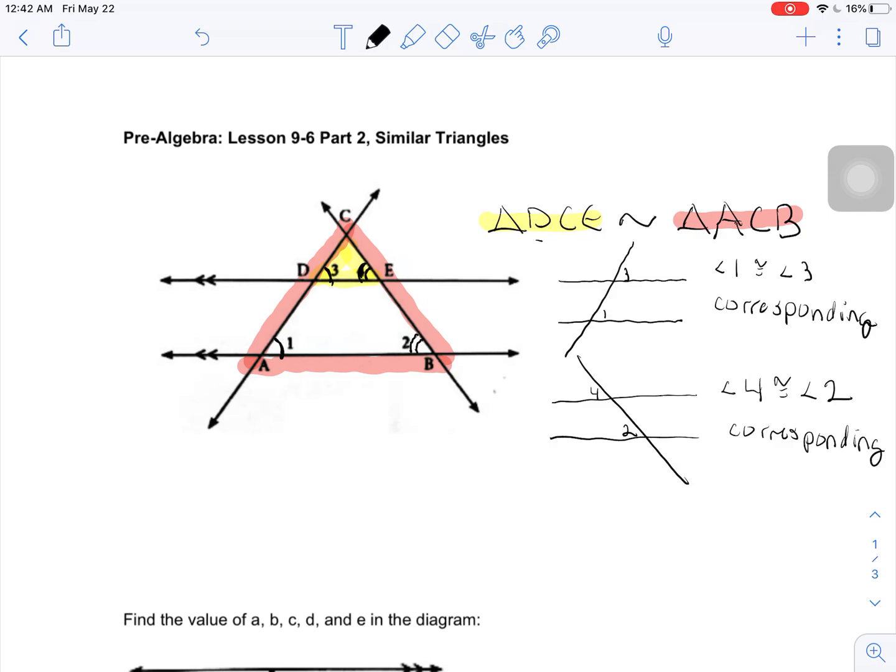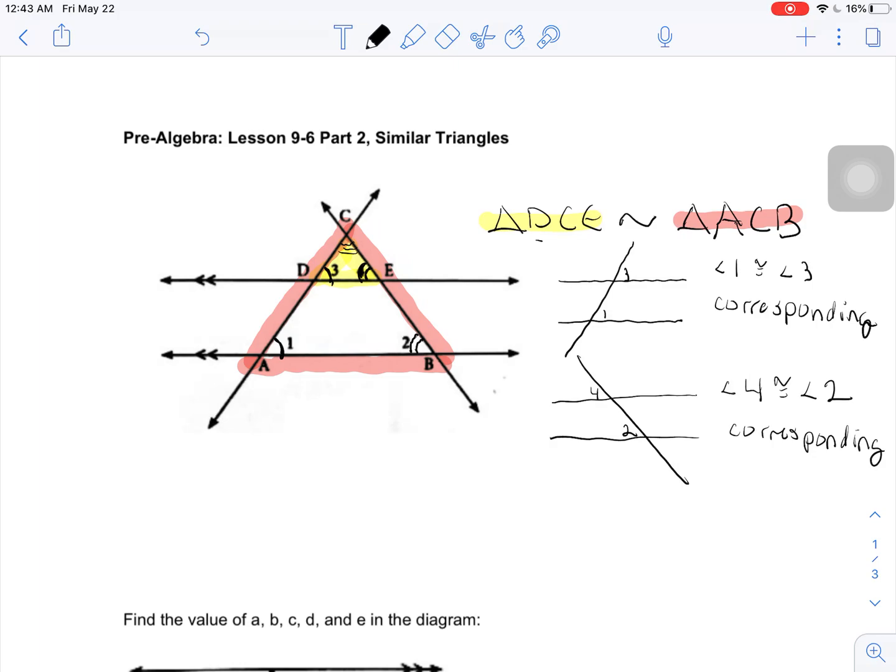So those are congruent. And then the top angle up here, angle C, that is the top of both triangles. It's the top of the yellow triangle and it's the top of the red triangle. So they are literally sharing that exact same angle. Since they're sharing the exact same angle, of course that angle is going to be the same for both triangles because it's literally the same angle.